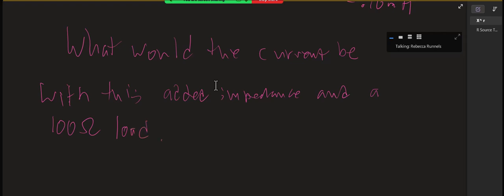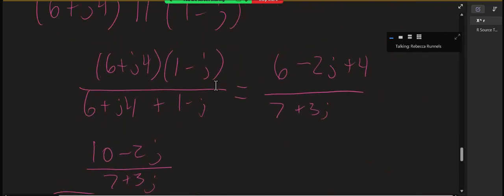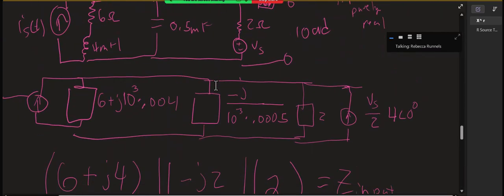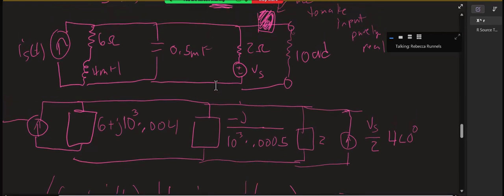What would the current be through a 100 ohm load with this added impedance? Now, what would you need to do that? So I'm saying I add that impedance, and then I'm going to put a 100 ohm load right there. And I want to figure out what the current is through that load.